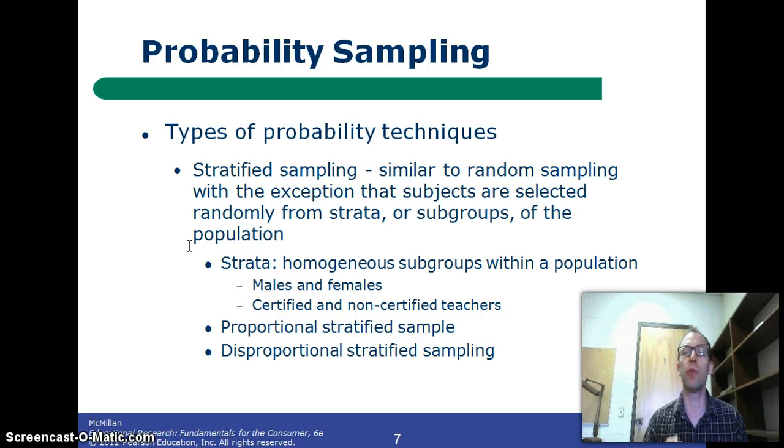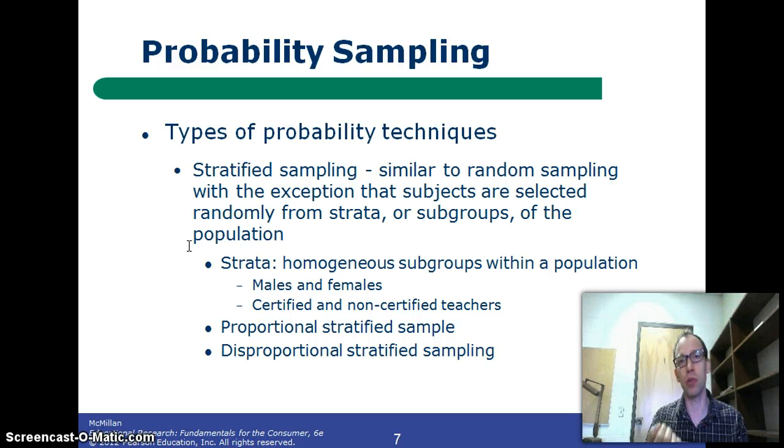Now, on the other hand, if we're really interested in gender, and that's the most important variable that we're looking at in the study, we might do a disproportional stratified sampling. So that same case, 900 males, 100 females, and we want a sample size of 100, maybe we would take 50 males and 50 females.